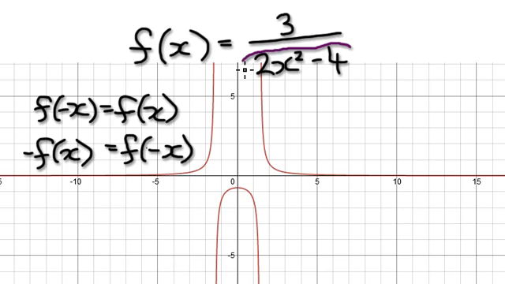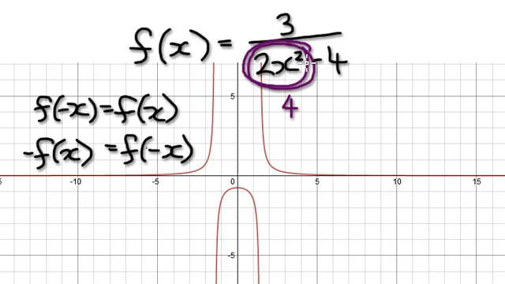So when is this bubble 0? It's 0 when this thing is positive 4, because 4 take away 4 is 0.